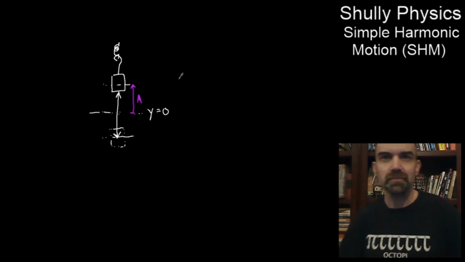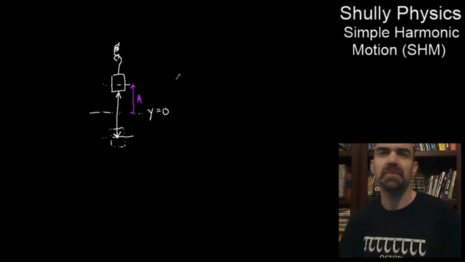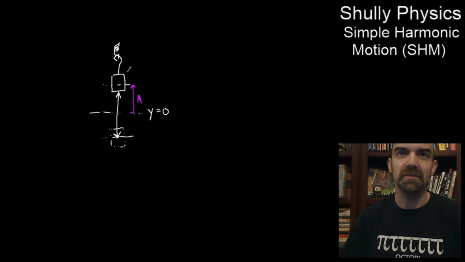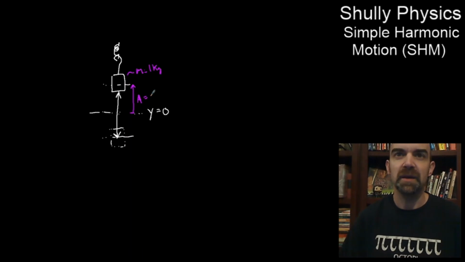Okay. So what if we had a situation where a mass was dropped? And what I'm going to do here is go ahead and give some values to this. We're going to have a mass of 1 kilogram, amplitude of a half meter.